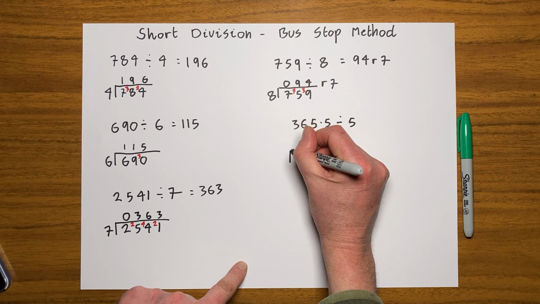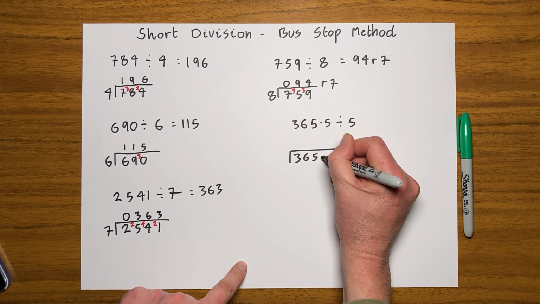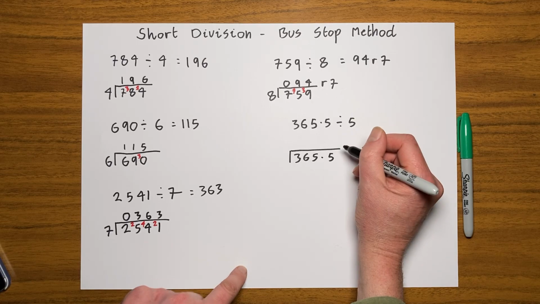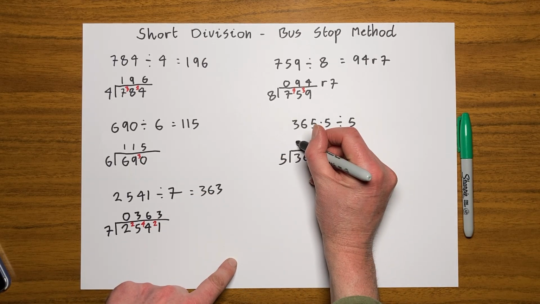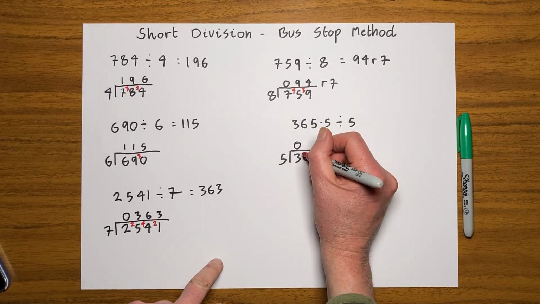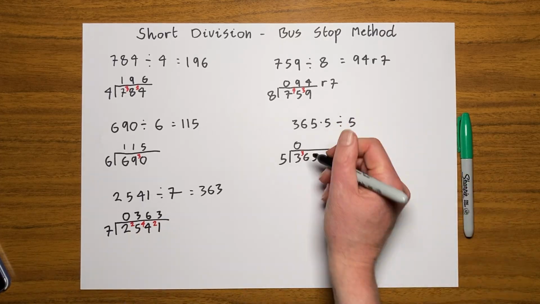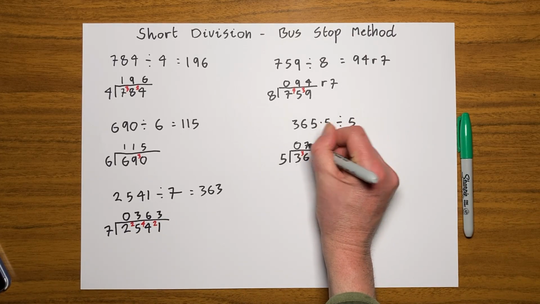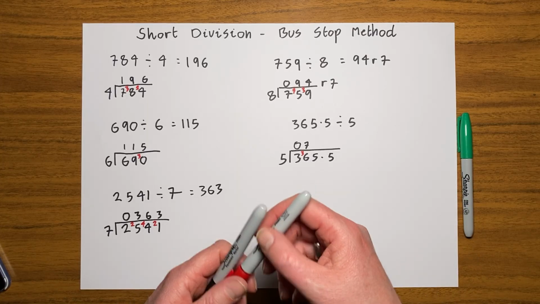So exactly the same thing is going to happen. I'll do 365.5. Put my 5 here. How many 5s in 3? None. Carry the 3 over. How many 5s in 36? 7 5s are 35. And that's 1 left over.